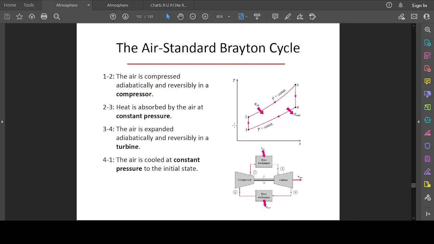Okay, if we redraw it on a TS diagram, temperature entropy diagram, we will know that from stages 1 to 2 we have equal entropy, as we know. Compressor and turbine work will always give you an isentropic, adiabatic, reversible process.